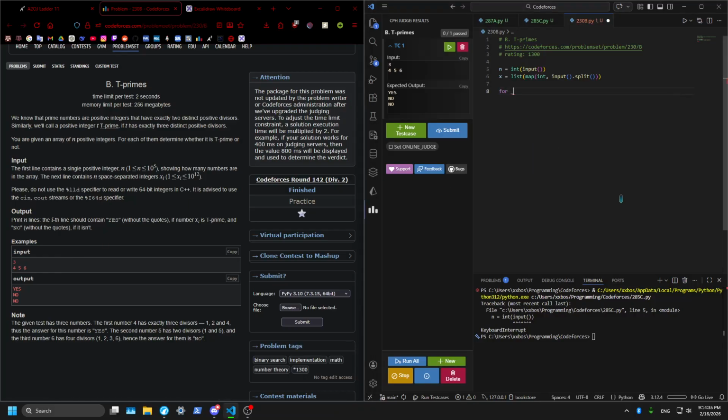So for num in x, it doesn't really affect the previous. Do we have to make a sieve?